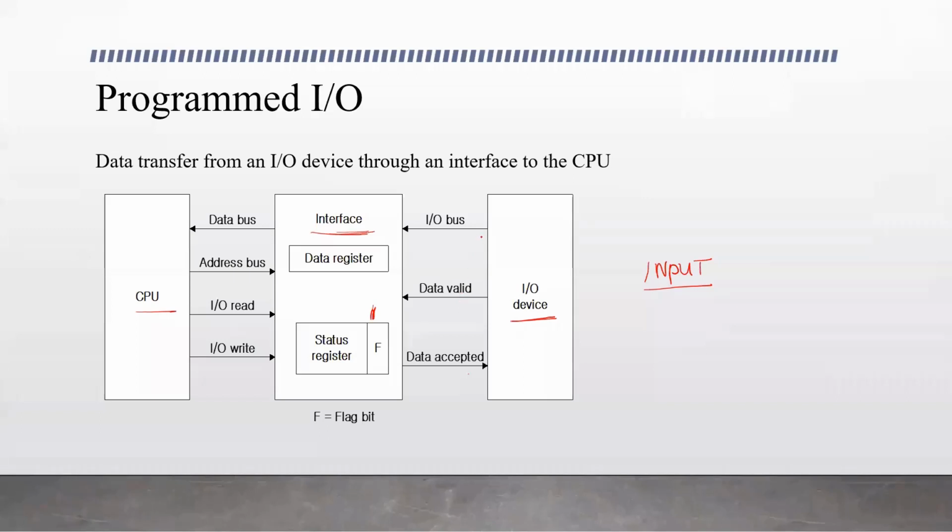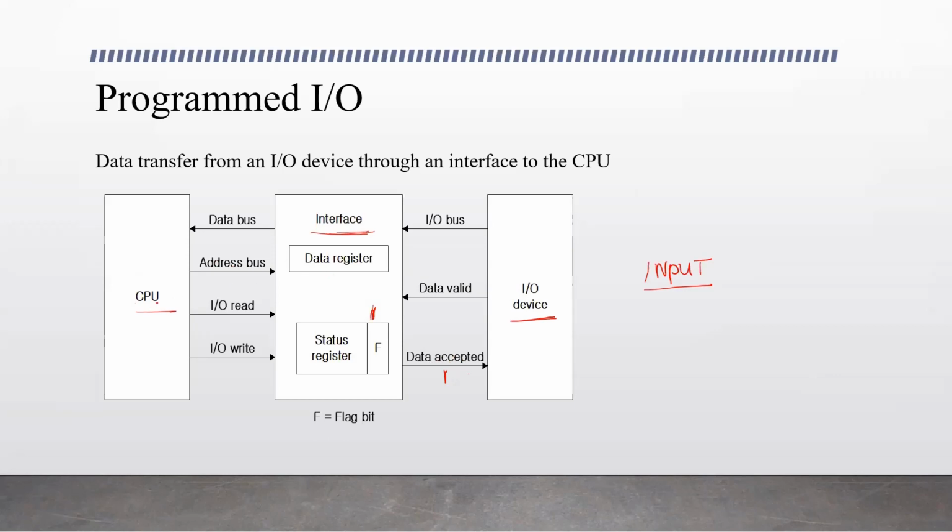The input device places the data in the IO bus and initiates the data valid signal. Once it is accepted, the interface initiates the data accepted signal, and this stays enabled until the CPU receives the data from the data register.